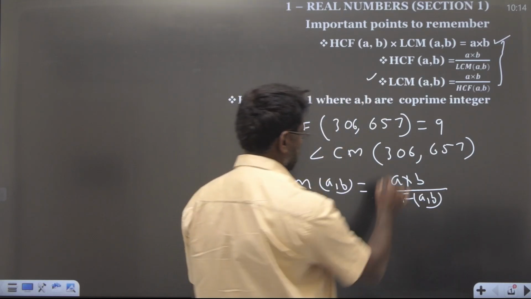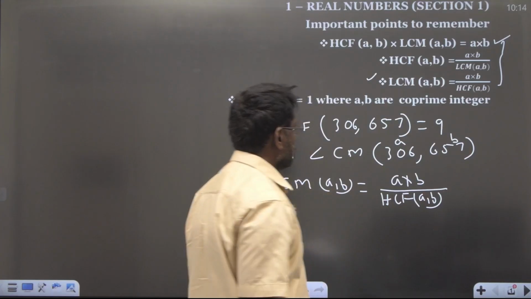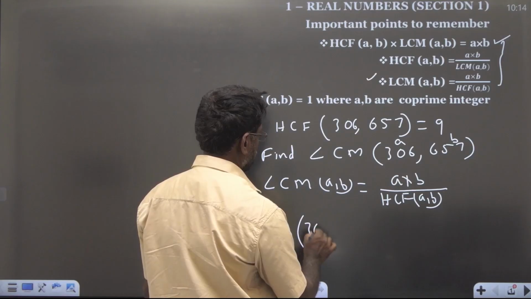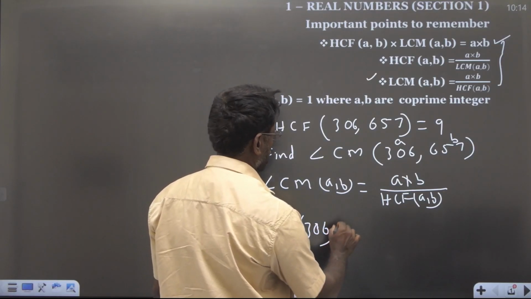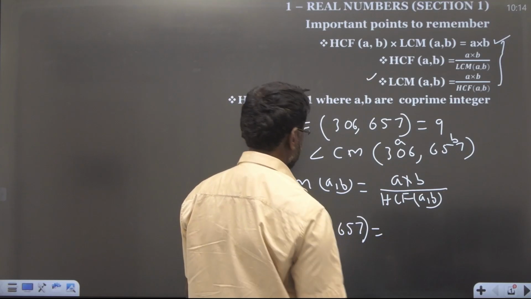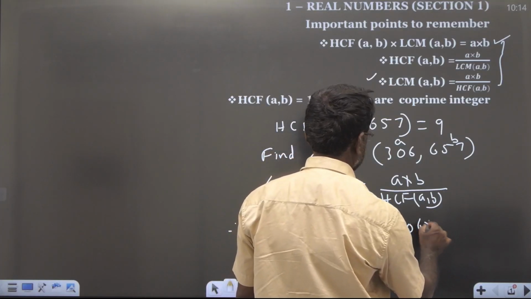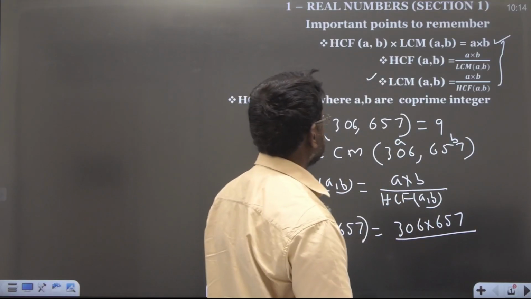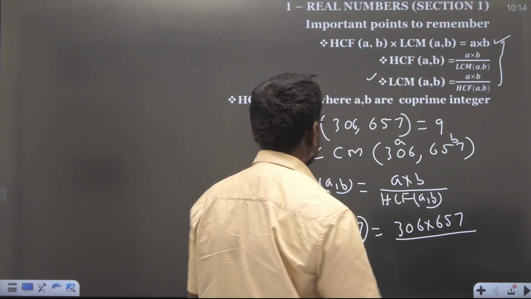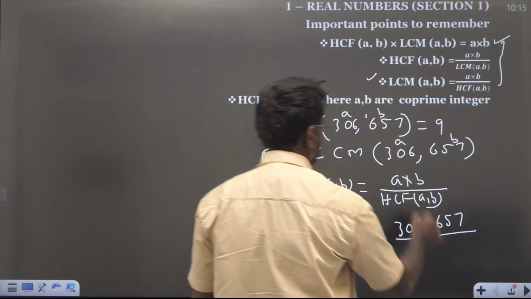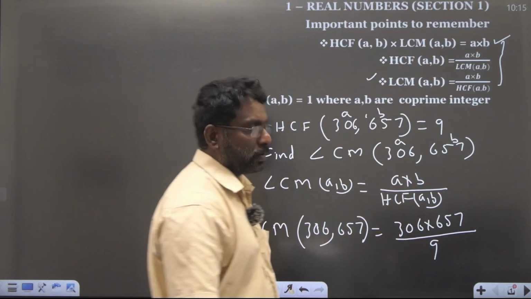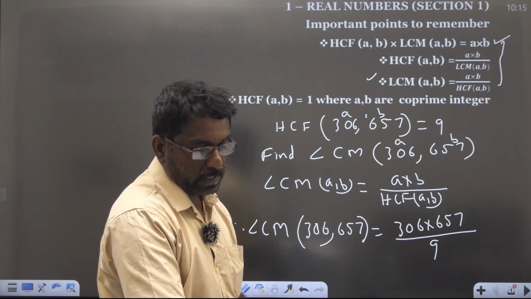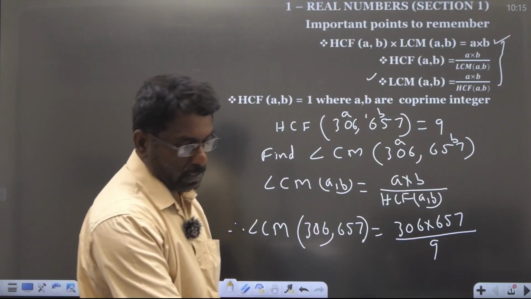Here, this is A, this is B. Therefore LCM of 306, 657 is equal to 306 into 657 divided by HCF of A, B. That is given as 9. So 306 into 657 divided by 9. That is equal to how much?